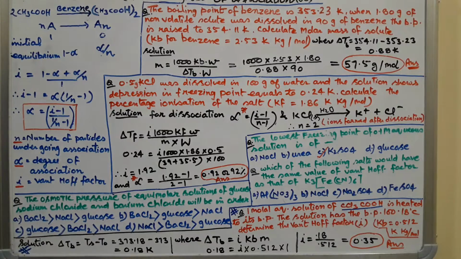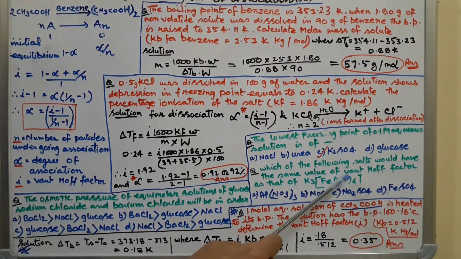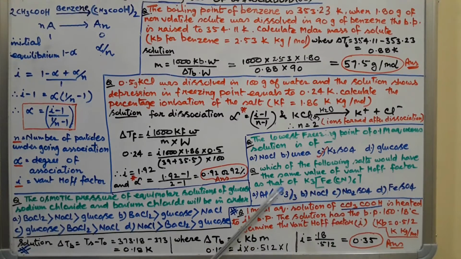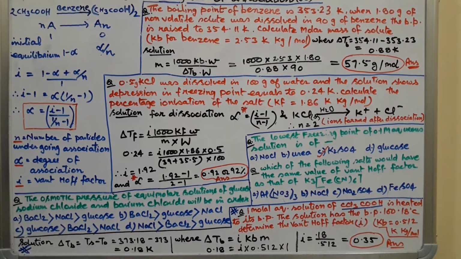Now let's see the second question. Which of the following salts would have the same value of Van 't Hoff factor as that of K3[Fe(CN)6]? Now what is this K3[Fe(CN)6]? It is potassium hexacyanidoferrate.